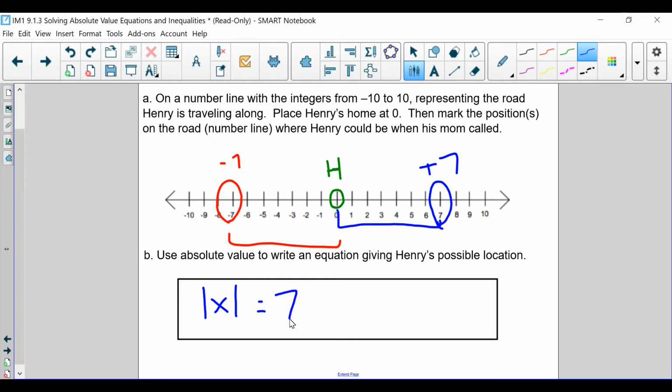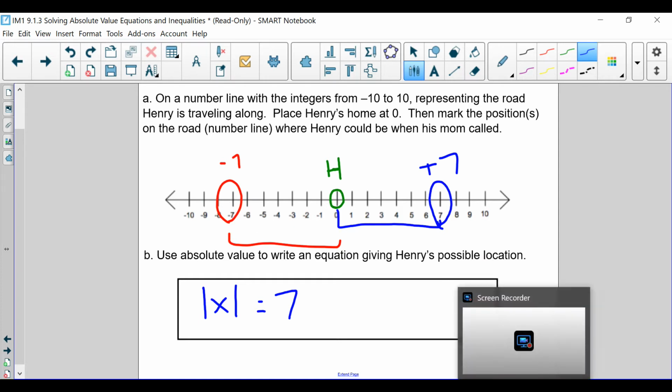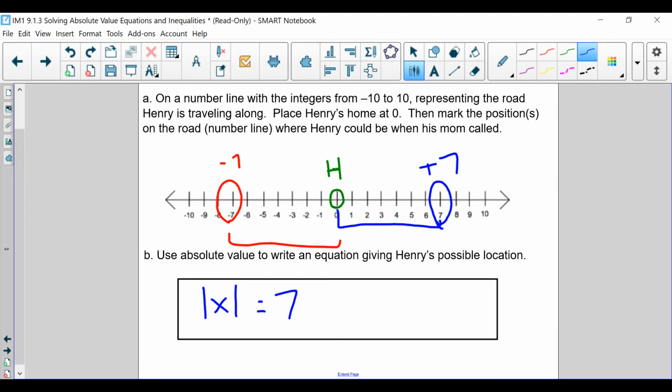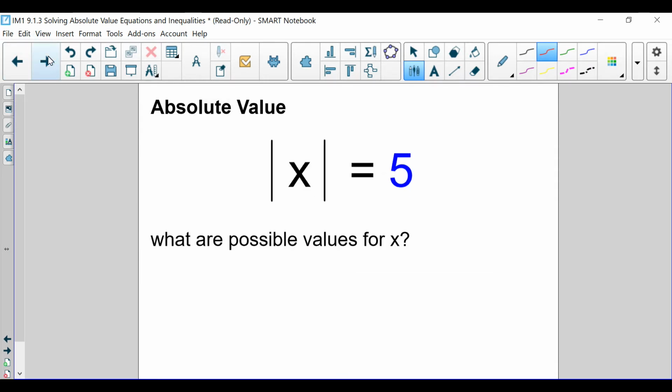As you can see, if he's at 0 and we know the positive distance is 7, he could be 7 away in this location and also 7 away in this location. So we would say our solution is that x can have two values here. x can either be equal to 7 or negative 7. Both are possible.